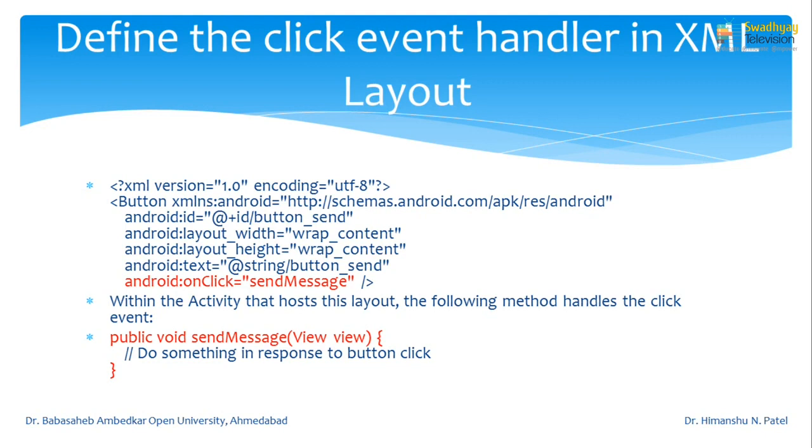You have to write one attribute called onClick, and inside that you have to specify the name of the method which handles this click event. And remember, the signature of the method must match the onClick value, which is sendMessage. So, it is case sensitive.